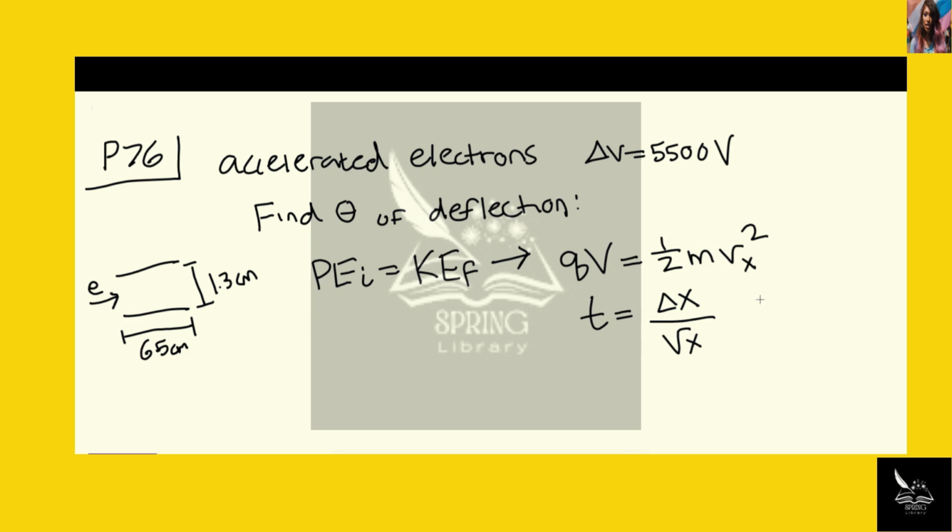Cool. So now we can look at the forces on this electron as it's being deflected. So the force is electrostatic. It's Q times the electric field in the y direction due to these parallel plates. And it's also equal to the mass times acceleration of that electron.